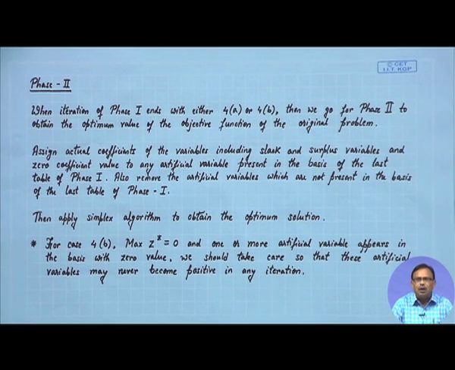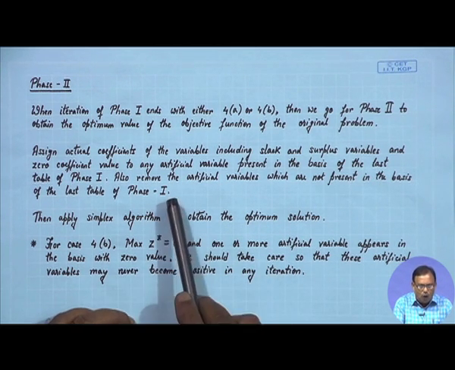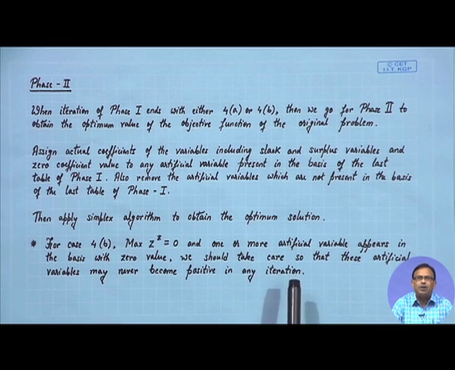artificial variable. That means, in the two-phase method, we are very clearly telling what the coefficient of the artificial variable in the objective function will be, which we defined as M, a very large number, in the big M method. That is the basic difference between these two. Next, also remove the artificial variables which are not present in the basis of the last table of phase 1.